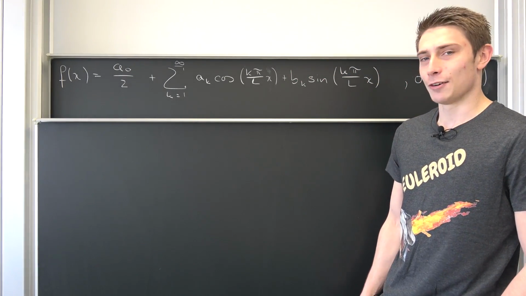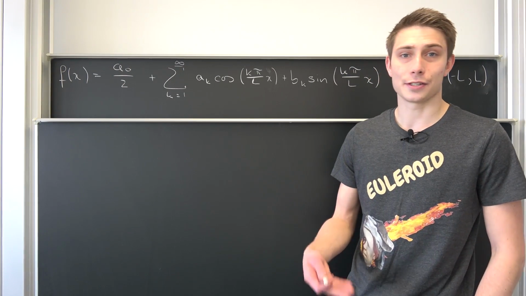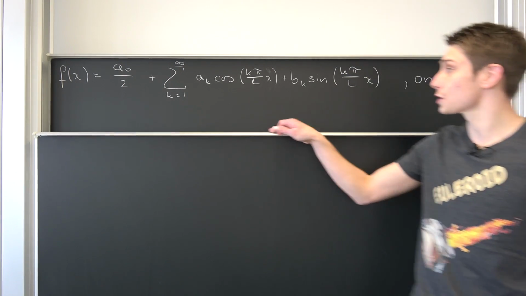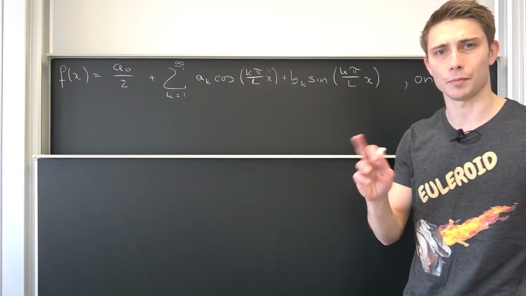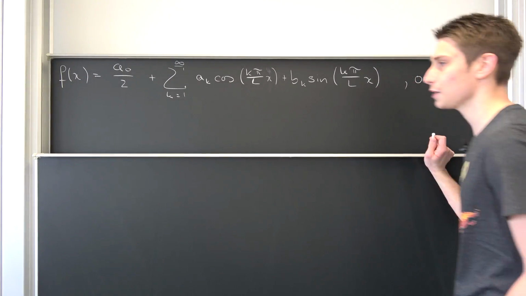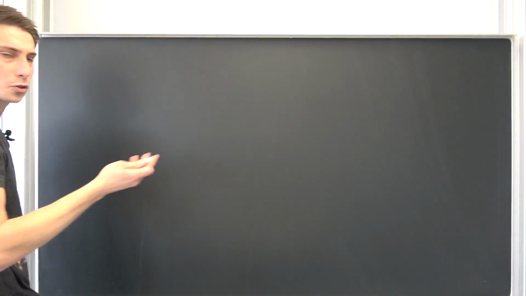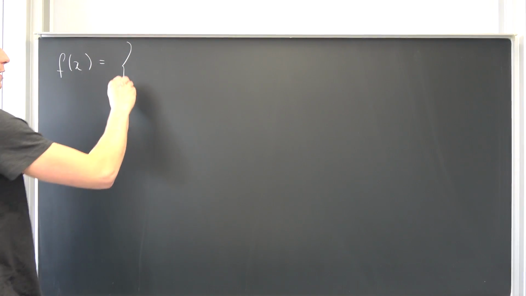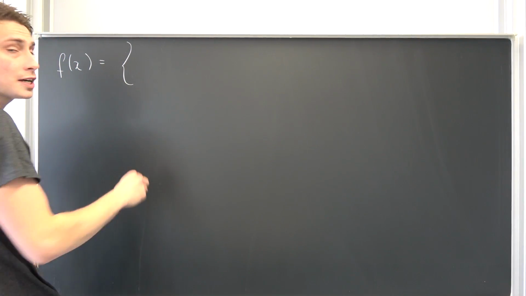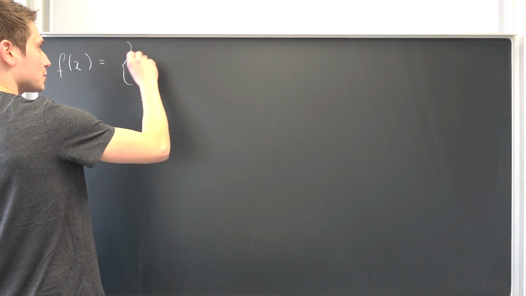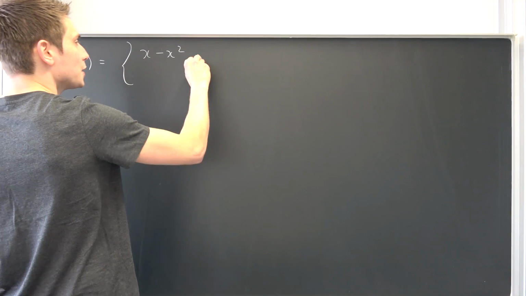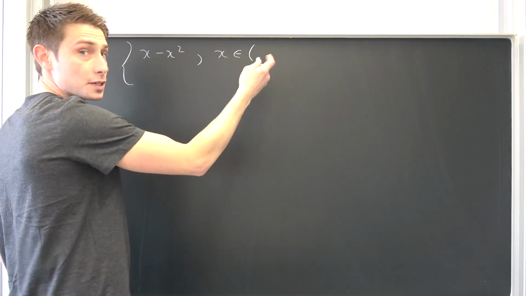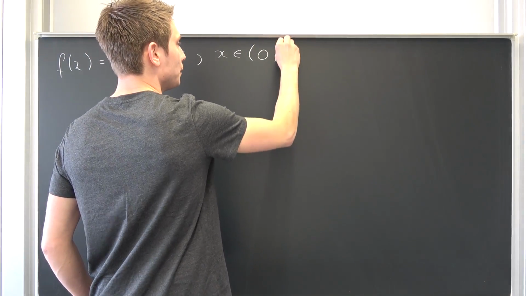And for this I would like to take a look at a certain function on a certain interval. It's a piecewise continuous function on the interval from -1 to 1, so keep this in mind. And the function we are going to construct ourselves is the following. f of x is going to be a piecewise continuous function. Either, if we are on the positive side, we get that this is x minus x squared on the open interval from 0 to 1.